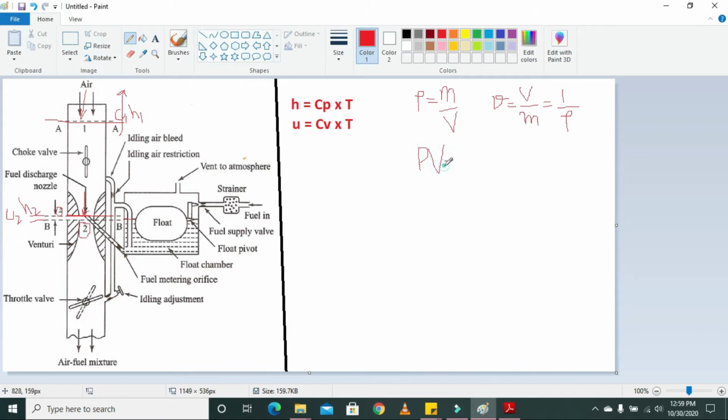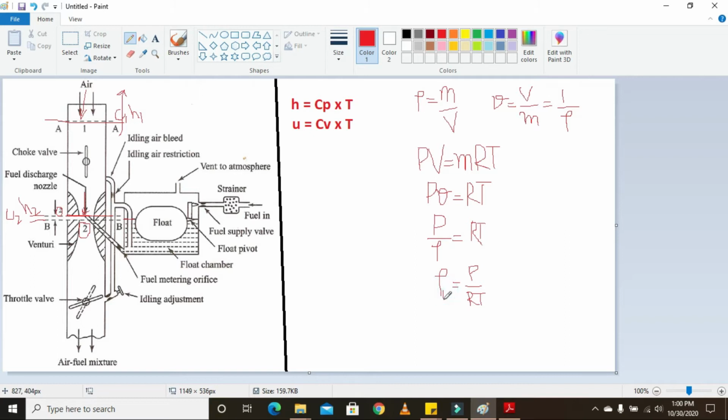As we know, PV is equal to mRT, and when we divide the volume by the mass, it becomes P times specific volume equals RT, and when we convert this specific volume into density, we get a relation like this, and when we rearrange this, we get P upon RT.